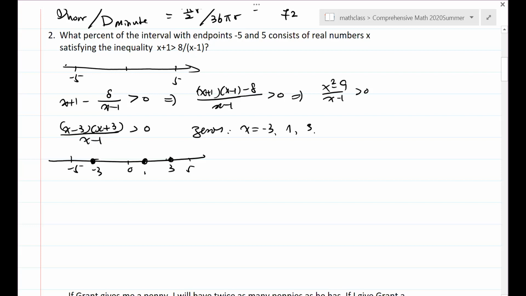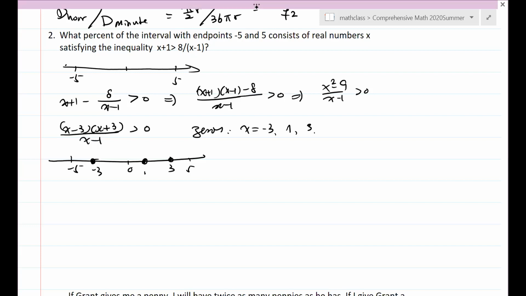The expression is either 0 at these points or undefined, because when x equals 1, the expression is undefined. But away from these zeros, the expression cannot change sign; it is always positive or always negative.